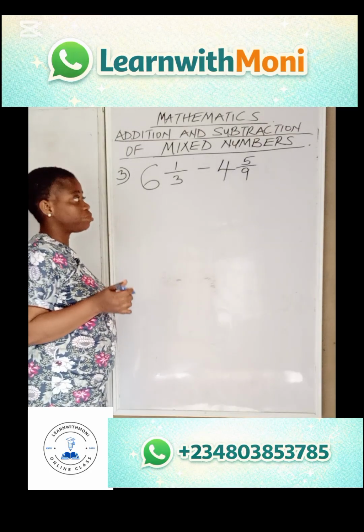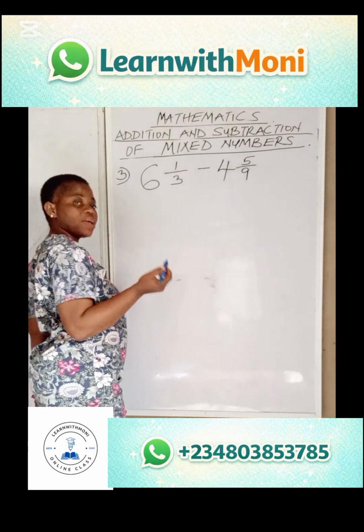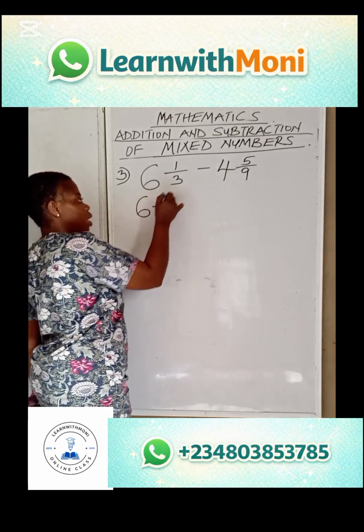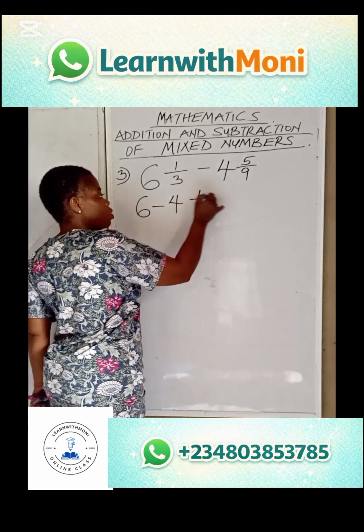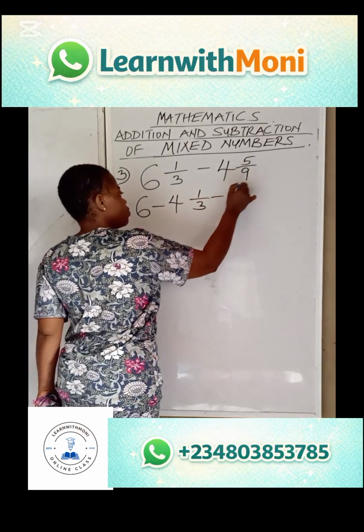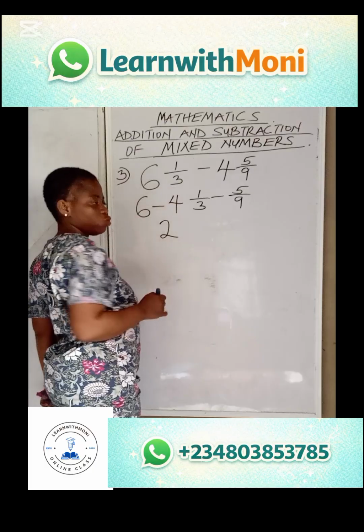We have to subtract the wholes first, just like every other example. 6 minus 4. Now we have to subtract the fractions, 1 over 3 minus 5 over 9. 6 minus 4 is 2 wholes.